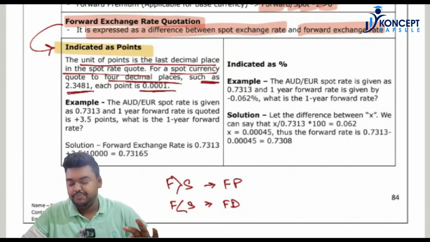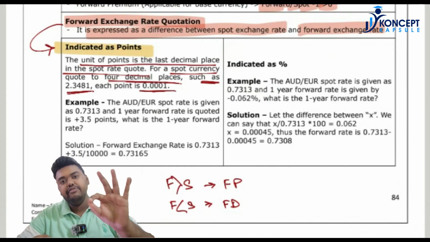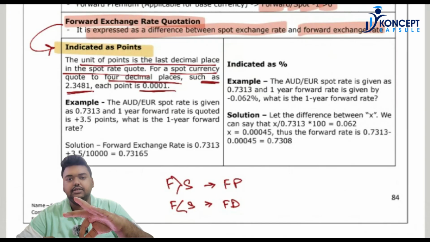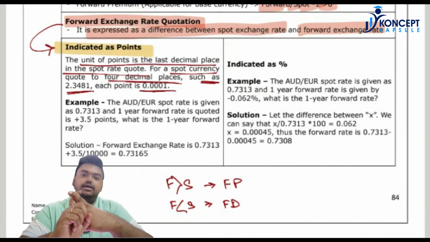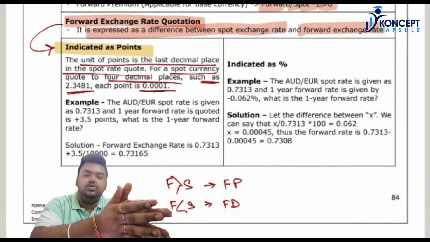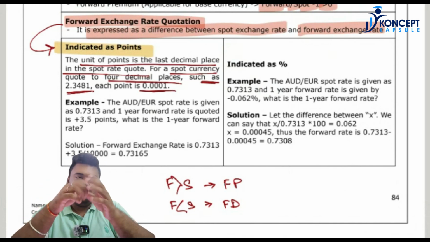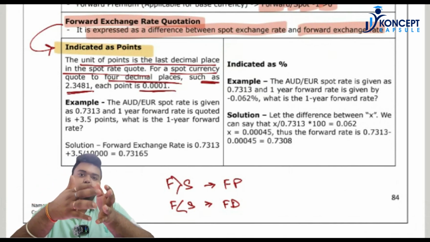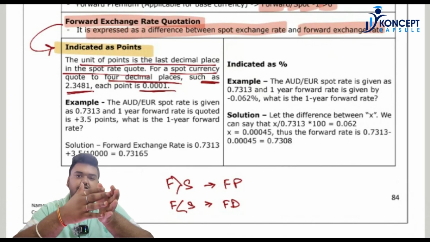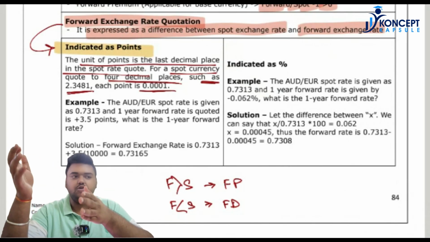So whenever you are quoting forward exchange rate points, the decimal place will be equal to the number of decimals in which the spot exchange rate is quoted. So if it was 2.34, it would have been 0.01. Since it is 4 places, it is 0.0001.